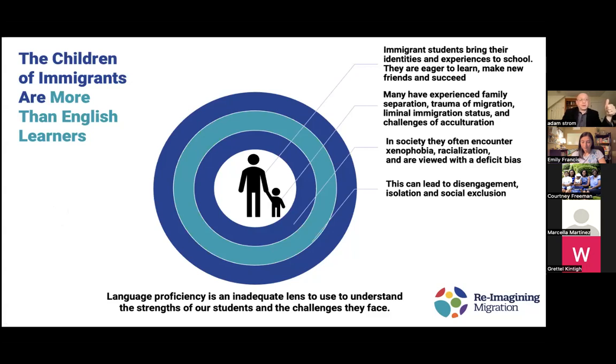This is a study from my colleague Carola Suarez Orozco. So that's a disaster. When you have kids who are coming eager to learn, because we know that immigrant kids come into school eager to learn, and yet over 5 years, her research says about half of these kids begin to academically disengage. That's the exact opposite of what we would want to see happen in schools. So current practice is not working.